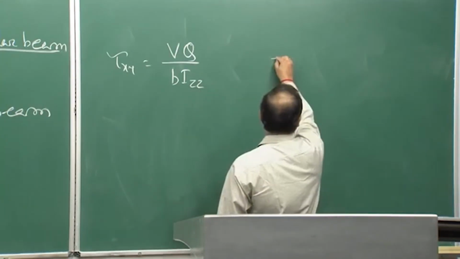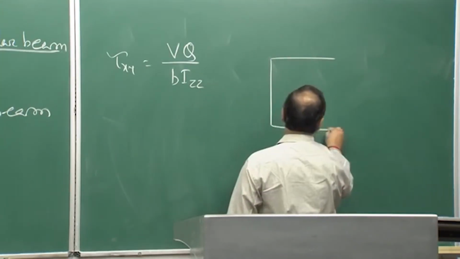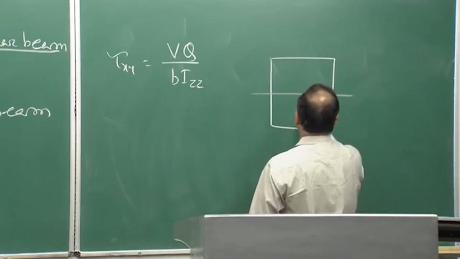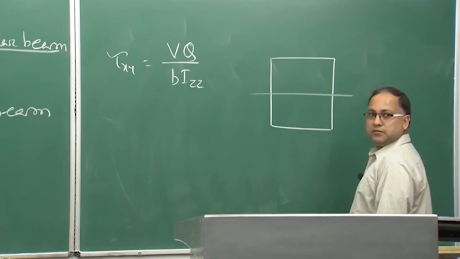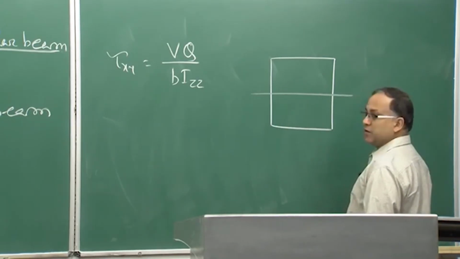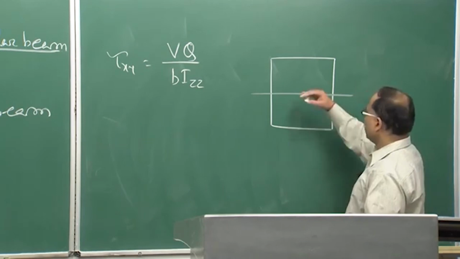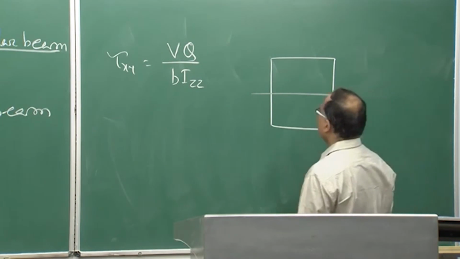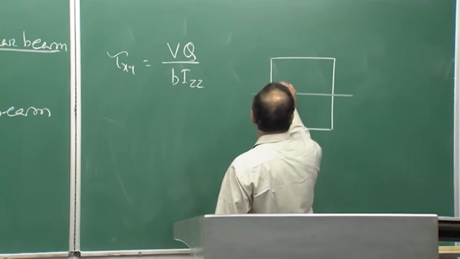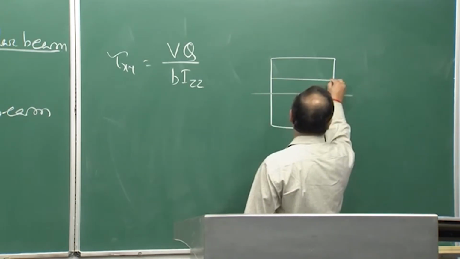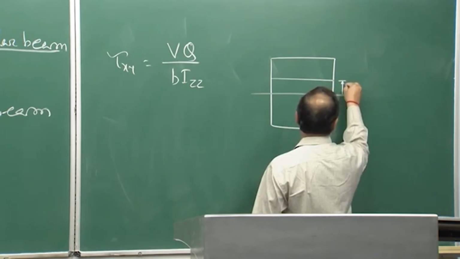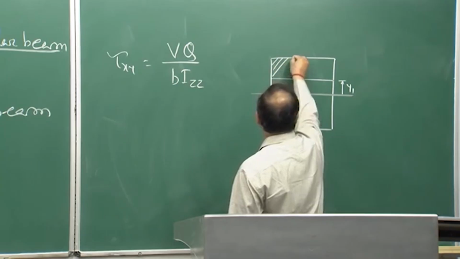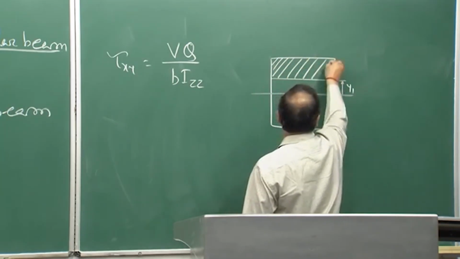So, basically this is your cross section of the beam, rectangular. This is the center, I mean neutral axis, or rather neutral surface, normal to the board. And if you want to find out the shear stress at some distance y1 from the neutral surface, then your Q will be the first moment of this shaded area.